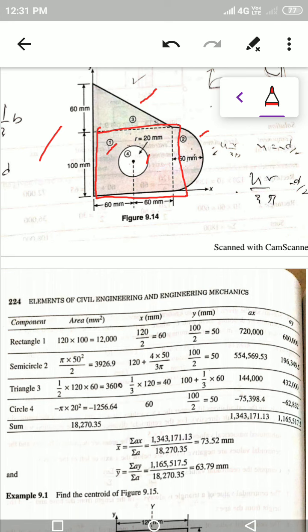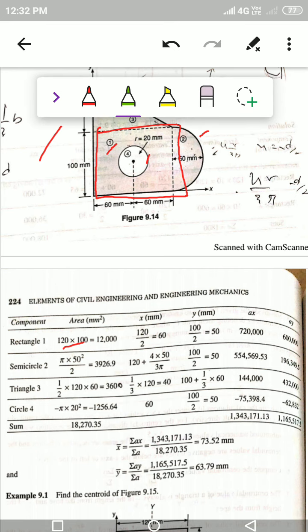For rectangle 1, you have to calculate the area, that is 120 into 100. And the x bar value. X bar for a rectangle is b by 2, and y bar is d by 2. B is the total, 60 plus 60 is 120, therefore it is 120 divided by 2.